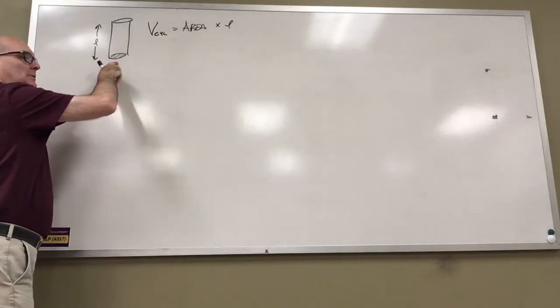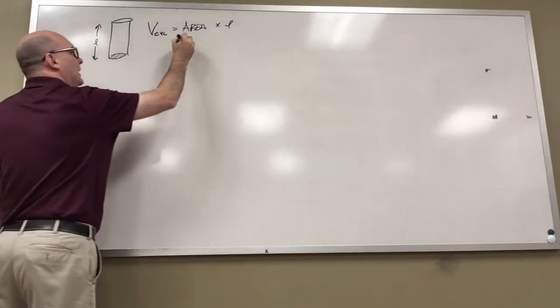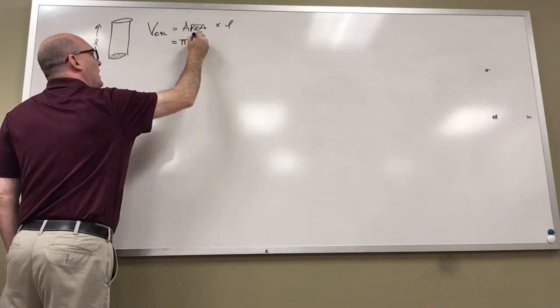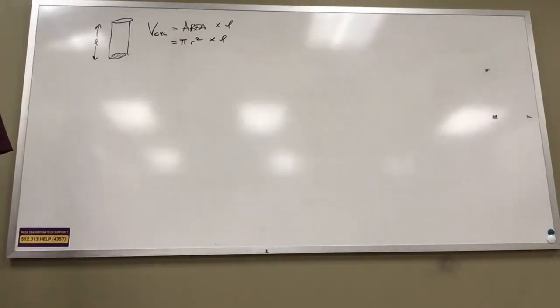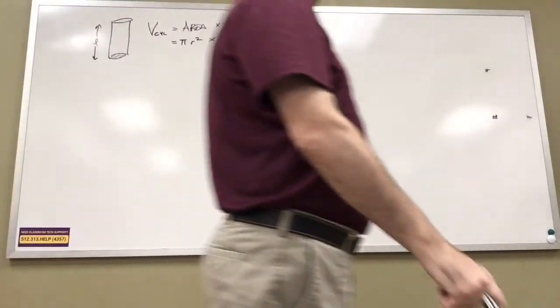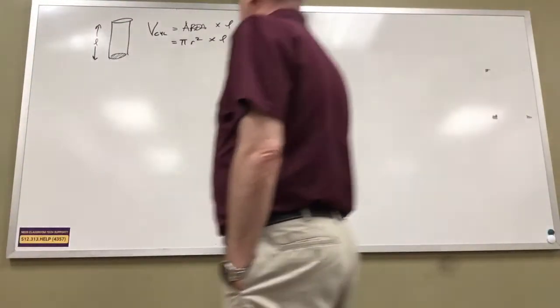This is a circle, and the area of a circle is pi r squared. So I just have to figure out what I've got.